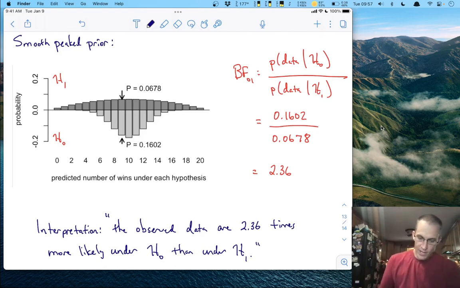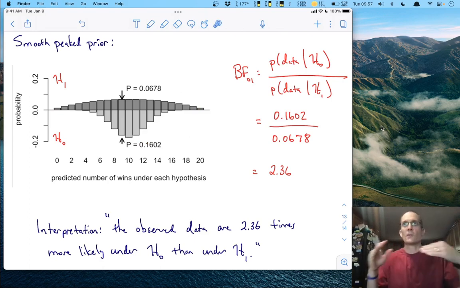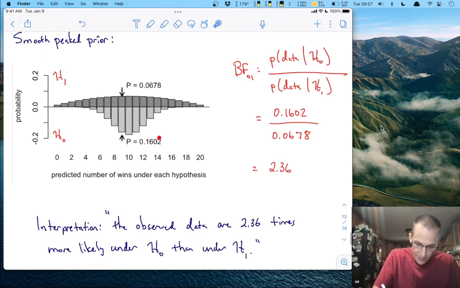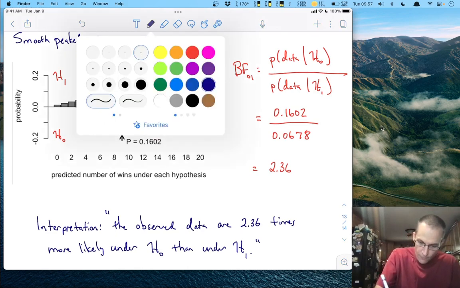Now you'll notice one of the neat things about this kind of diagram is it gives you the relative support for all the range of data, right? So the data we observed was x equals 9 successes. But suppose that you observed, let's say, 14 successes, right here. Let me put a little mark there.